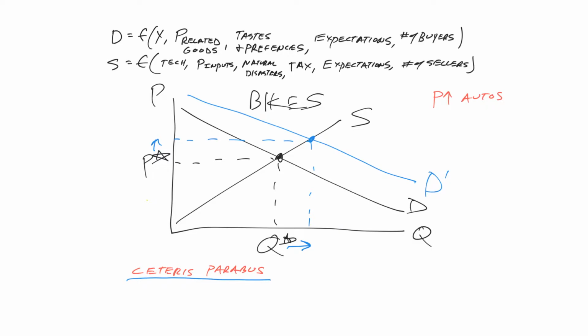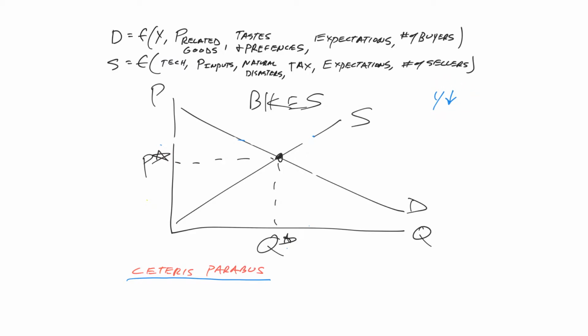Now, if there is a decrease in incomes, let's see what happens. Okay, well, let me clean this up. So there's a decrease in incomes. Income's going down.